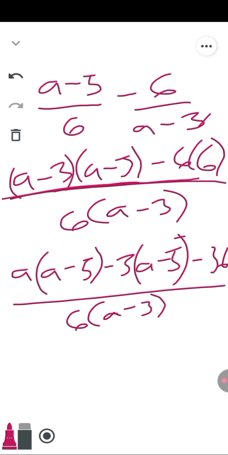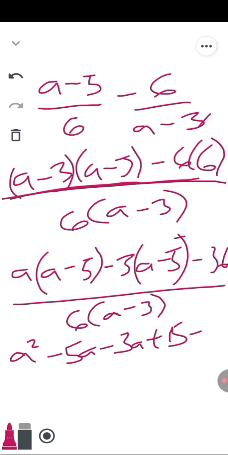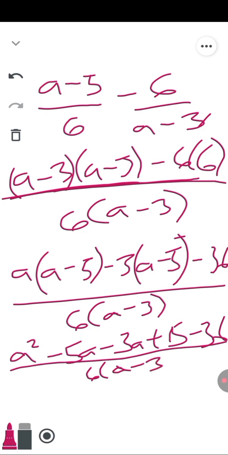Now let's open. a times a, that's a squared, minus 5a. Okay, let's come here. Minus 3a plus 15 minus 36. Is that correct? All over 6 into (a minus 3), right?